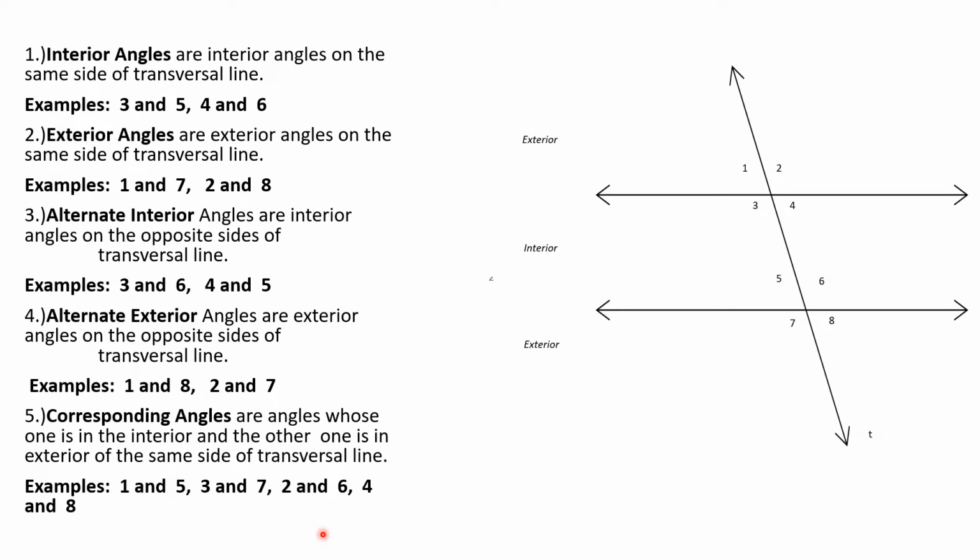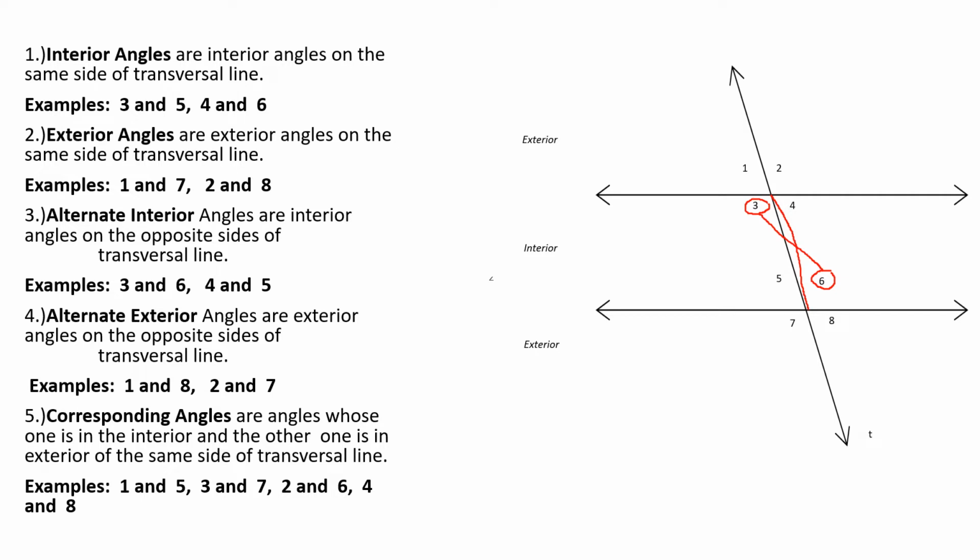The first example is the pair of angle 3 and angle 6. Angle 3 is on the left side of our transversal line, and angle 6 is on the other side. So these are opposite.